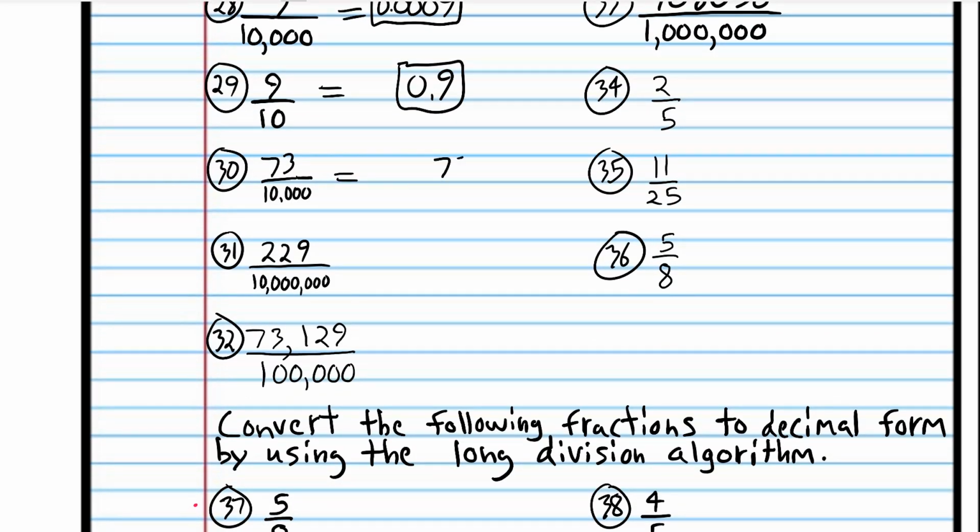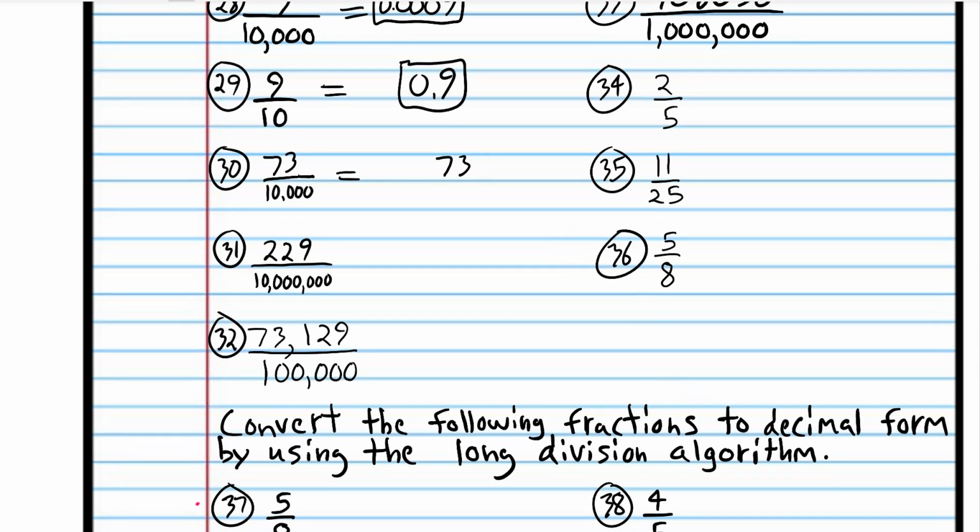And here we have 73. The 3, the last number to the right, should be in the 10,000ths place. Tenths, hundredths, thousandths, 10,000ths. And number 31, 229, the 9 should be in the 10 millionths place.